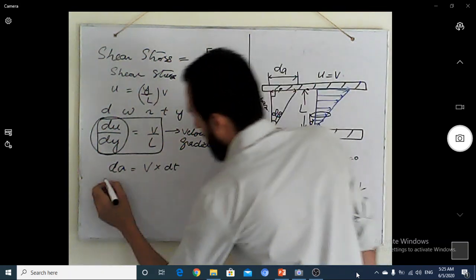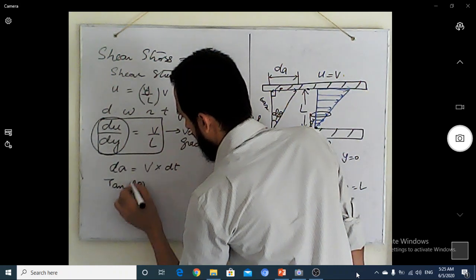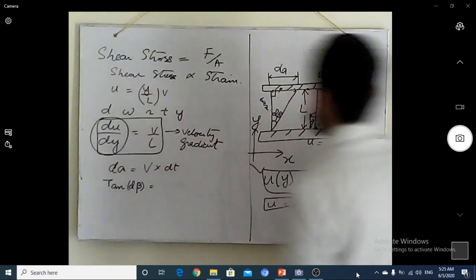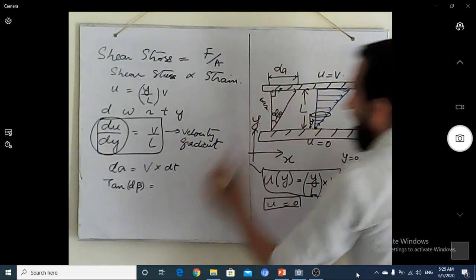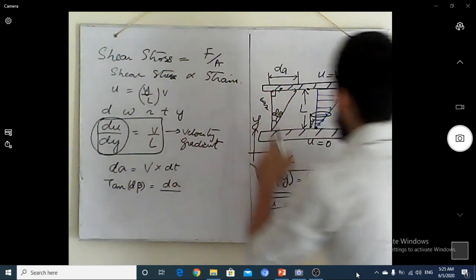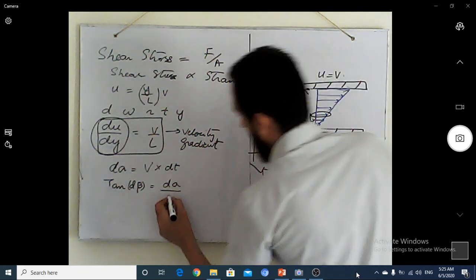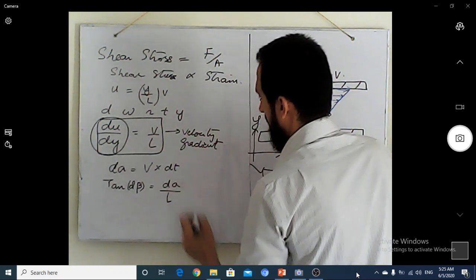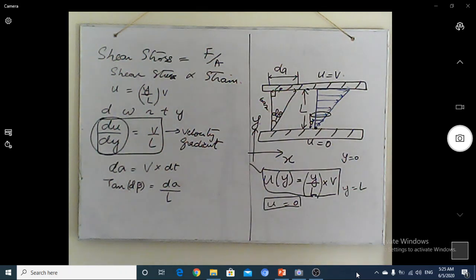So we know that tan d beta will be equal to the perpendicular, which here is dA, over the base, which is L, the length between the two solid surfaces.